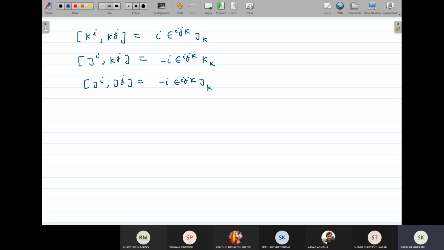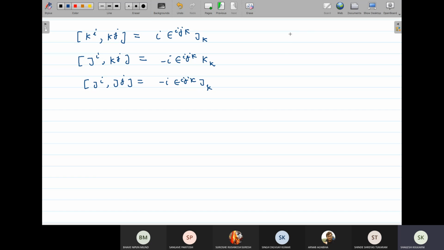So rotation commutations give you a rotation. Boost commutation gives you a rotation. Two boosts do not give you a boost, they give you a rotation. If you take the generators of two boosts, their commutation relation gives you a rotation.